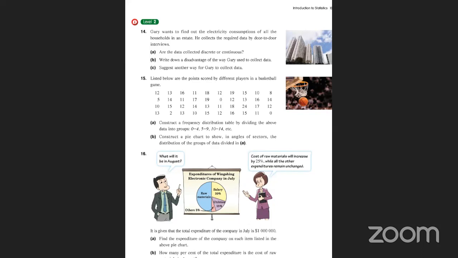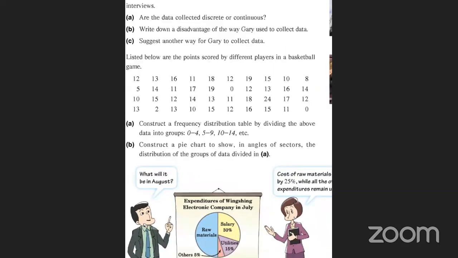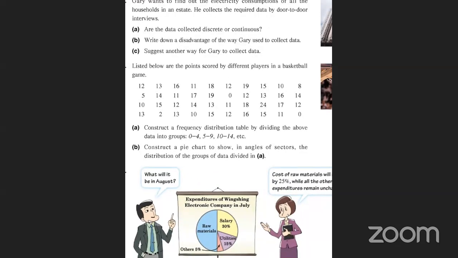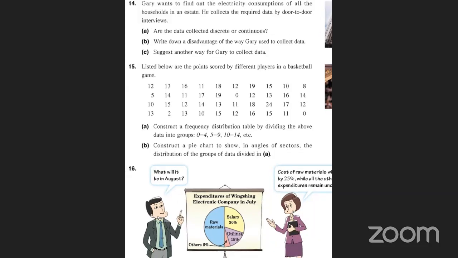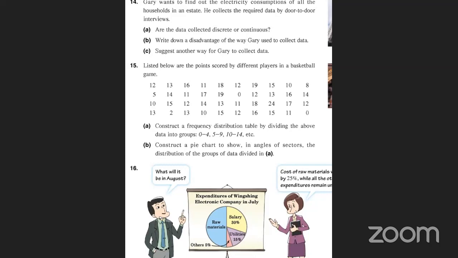Now for number 15, listed below are the points scored by different players in a basketball game. I think you can read it in your textbook. Part A, construct a frequency distribution table by dividing the above data into groups. Anyone have questions for this part? Do you know what you are going to do? Frequency distribution table.